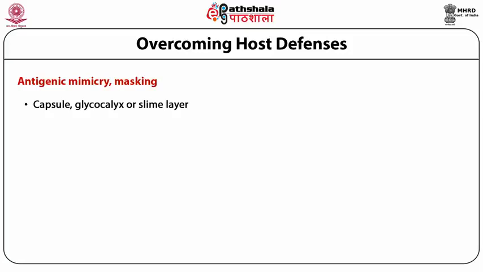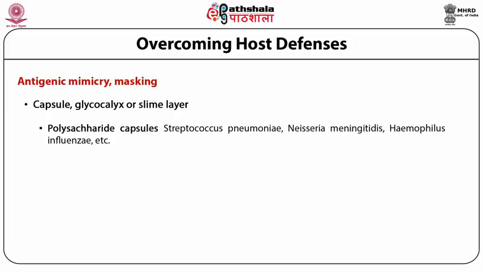For example, Streptococcus pneumoniae, Neisseria meningitidis, and Haemophilus influenzae have a polysaccharide capsule around them, whereas Bacillus anthracis has a polypeptide capsule. So it is a mode of masking its antigen or mimicking its antigen.